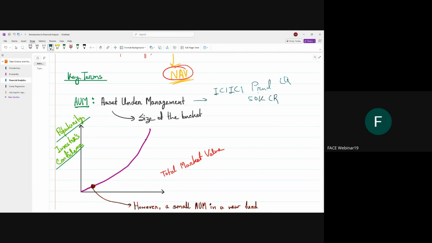What can you infer by seeing that a fund has a very high AUM? That this fund is highly unlikely to be disbanded or closed.